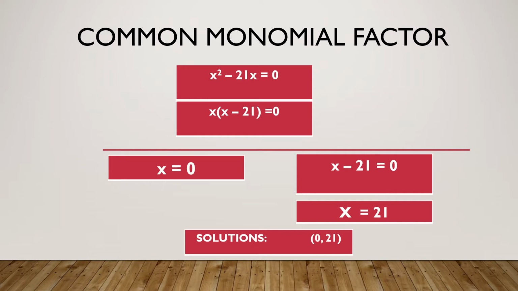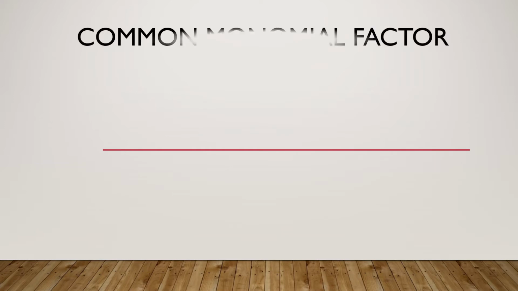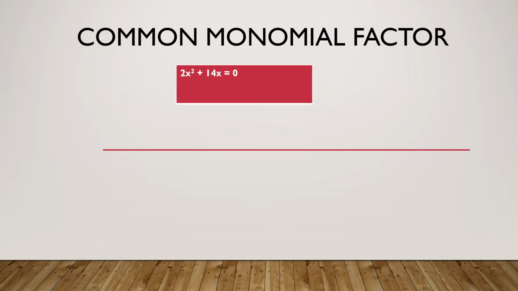Let's solve the second example, still on the common monomial factor. Suppose we have 2x squared plus 14x equals 0. First we're going to find the common factor of 2x squared and 14x. And that is 2x, right?